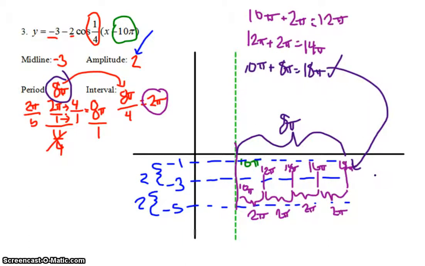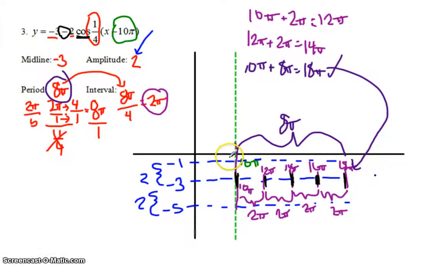Okay, now some of this is a little hard to see, so I'm going to go back over in black on my 5 lines I want. Right here, here, here, 16 pi, and 18 pi. Now, this is a negative cosine. If it was regular cosine, I would start at my tallest point, my highest point.